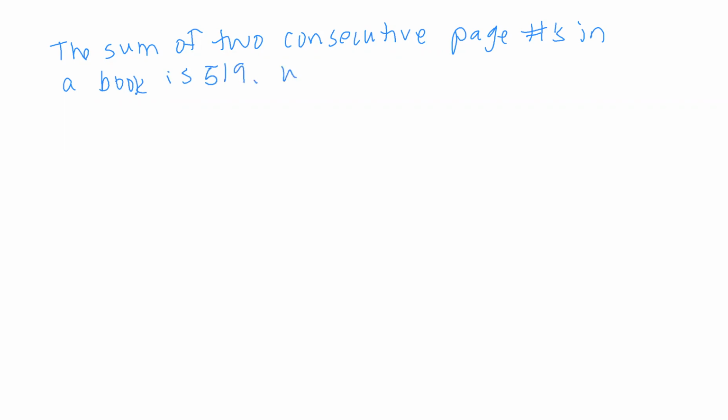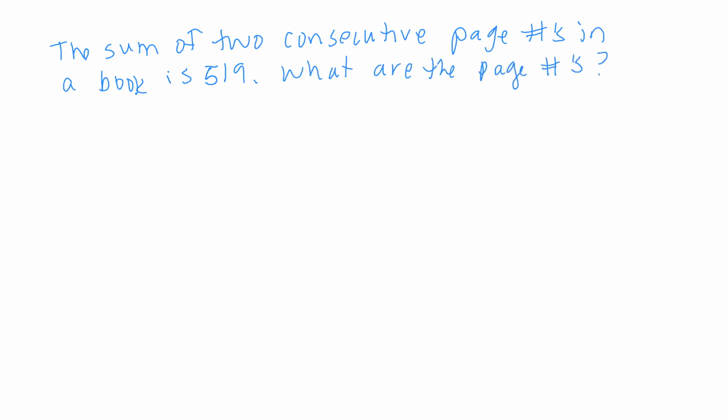The sum of two consecutive page numbers in a book is 519. What are the page numbers?